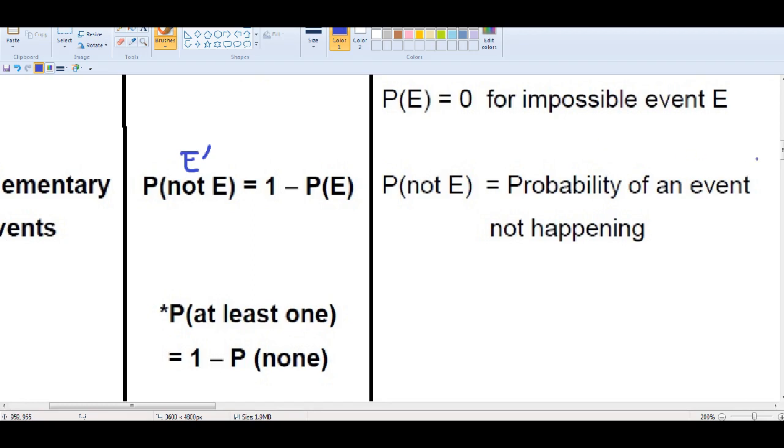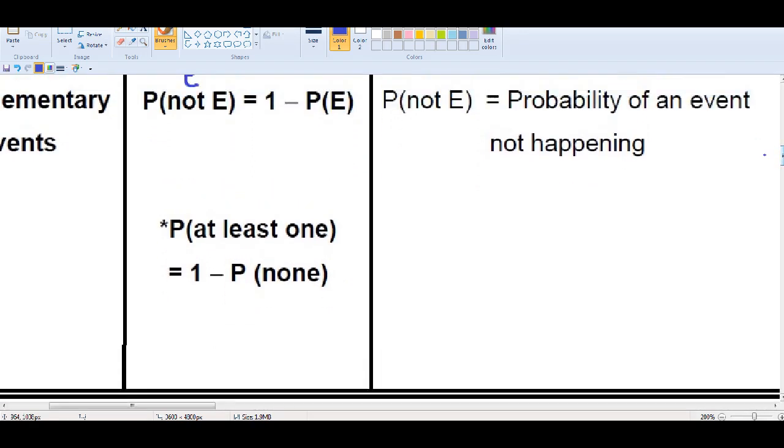There is something interesting about using the complementary event. For example, if you are looking for the probability of at least 1, it is easier to do 1 minus the probability of none, because the complement of at least 1 is none.